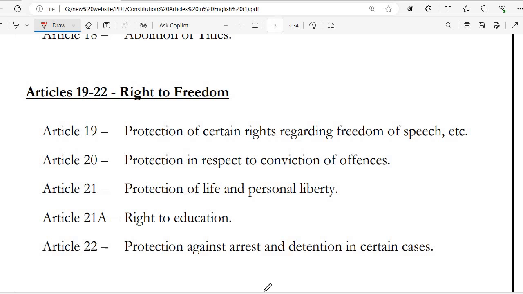For example, the TADA Act 1987, POTA Act 2002, COFEPOSA Act, MISA Act 1980, the Internal Security Act. The Internal Security Act 1980 protects the country from such kinds of anti-national activities.